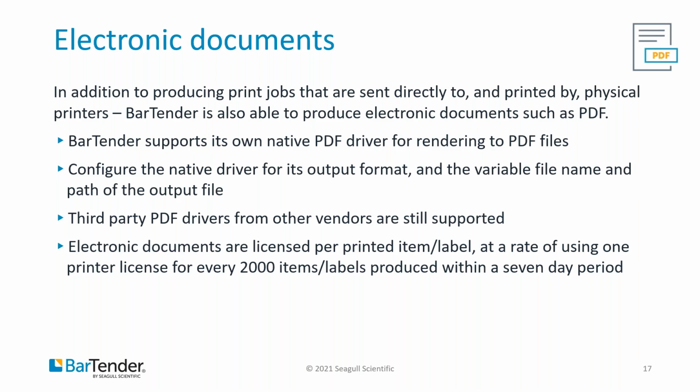So of course, if you have 100 physical printers, but you're also producing many PDF documents, then that customer will need more than a 100 printer license, because it very much depends on the scale of printing to electronic documents that they also wish to perform.